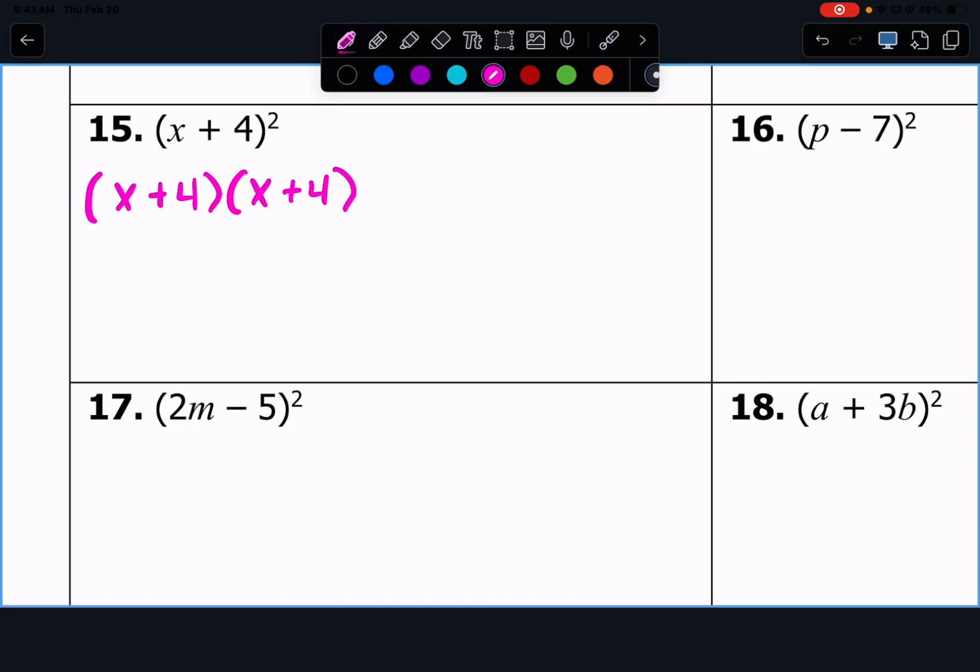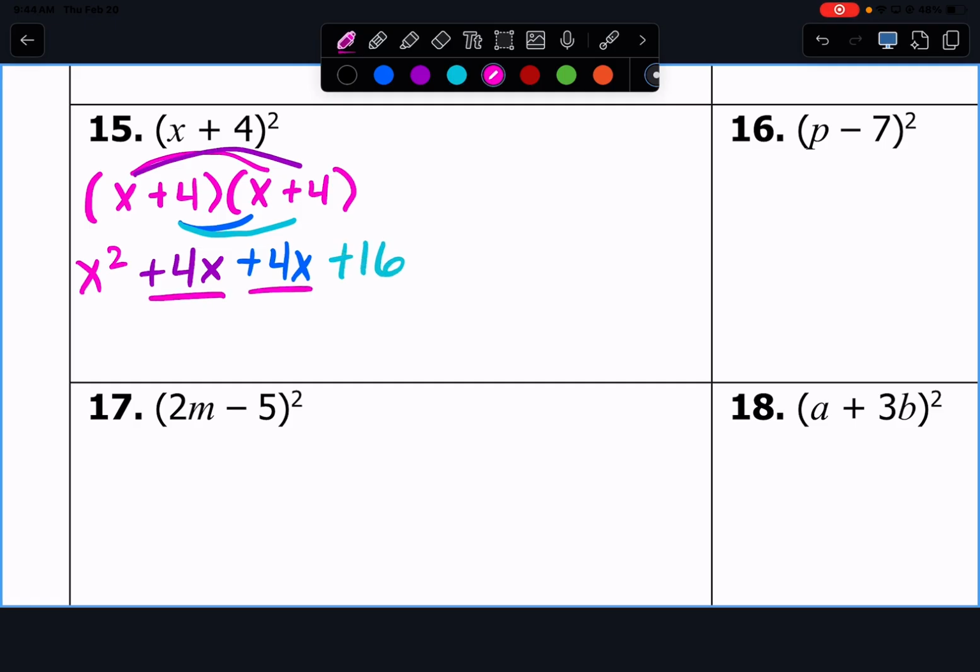Once we split it, we can do x times x to get x squared, and then x times 4 to get 4x. 4 times x to get 4x. 4 times 4 to get 16. Okay, then I can combine my like terms, right?